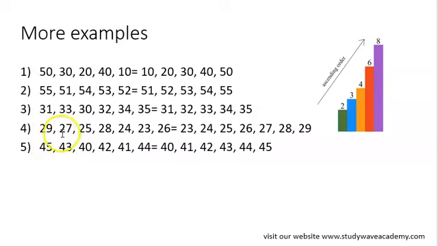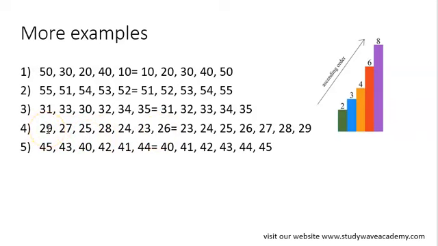The next is 29, 27, 25, 28, 24, 23, and 26. What are we going to do? Arrange from the smallest to the biggest. The smallest number here is what? 23. The next one is 24. The next 25, 26, 27, 28, 29.